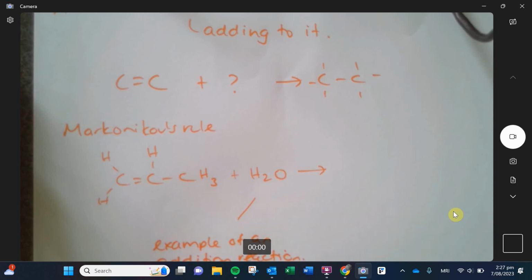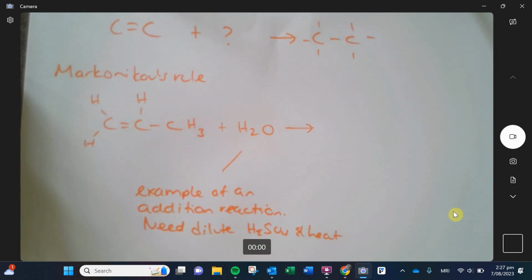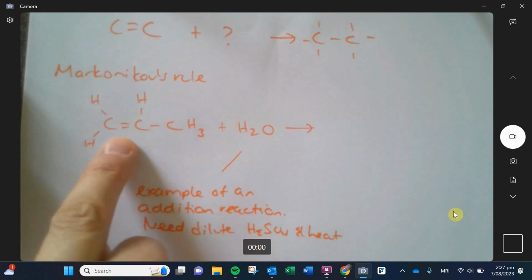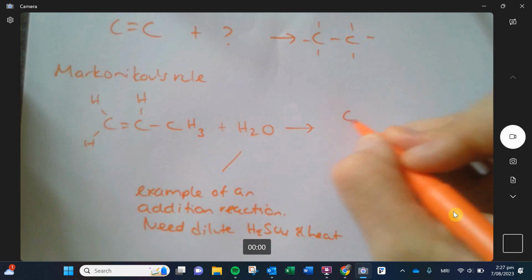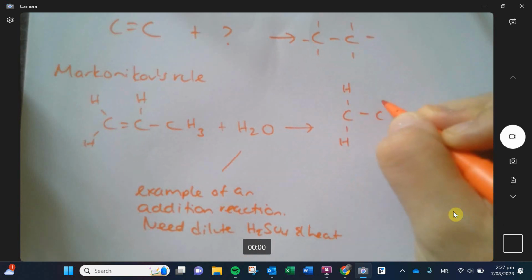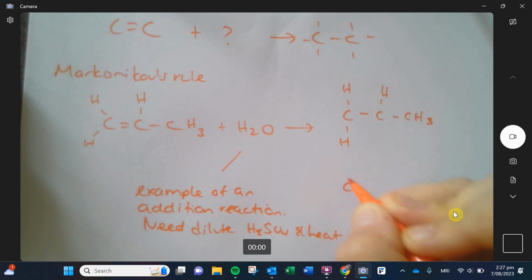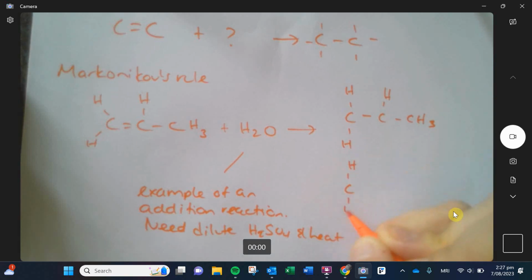And you'll need dilute H2SO4 and heat for that reaction to occur. So when I break this double bond, I have two potential products.